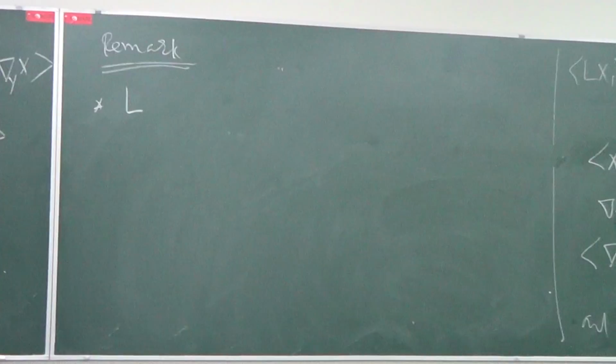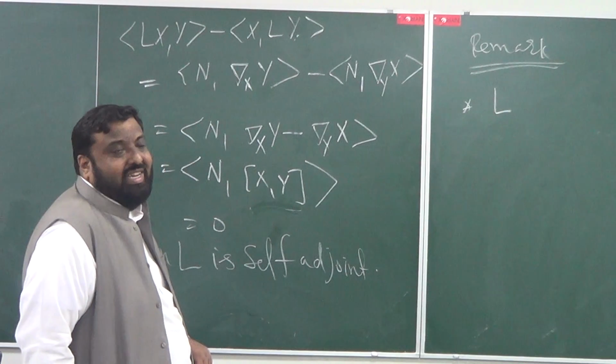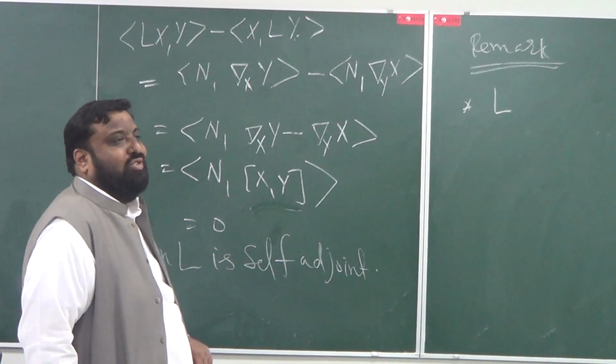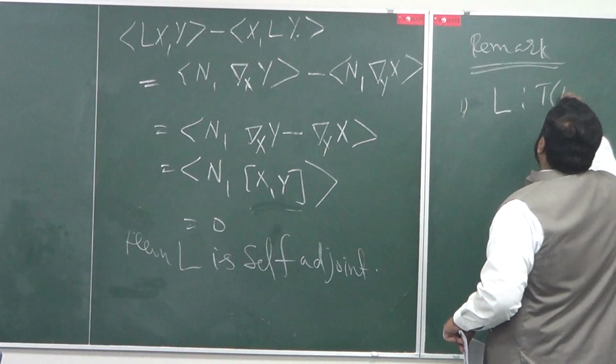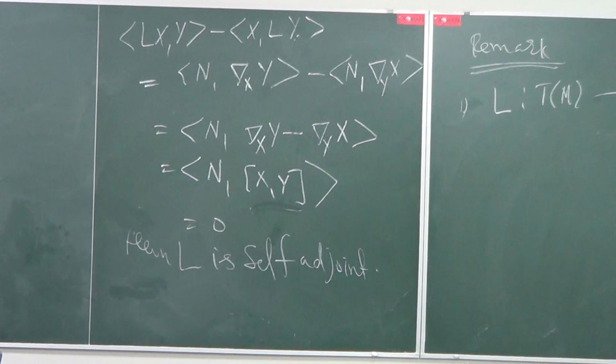So L has a domain that is a vector space of dimension 2, and the codomain is also a vector space of dimension 2. So what is the dimension of the matrix? It's a 2 by 2 matrix. The first remark is that since L is a map from tangent bundle to tangent bundle, the matrix representation of L is a 2 by 2 matrix.